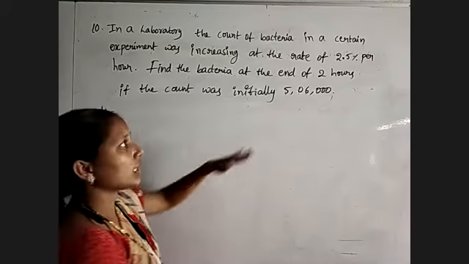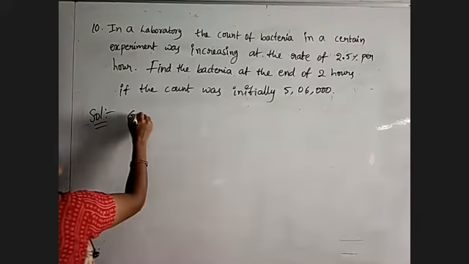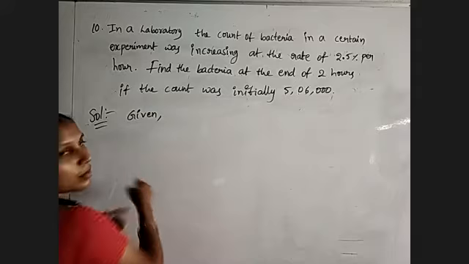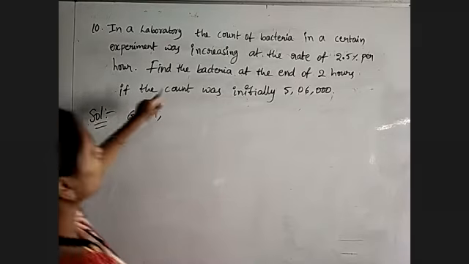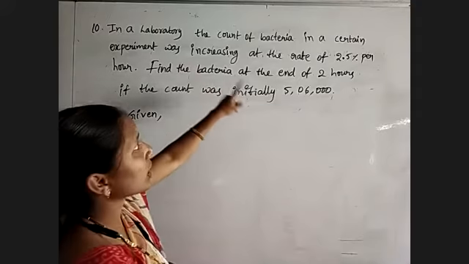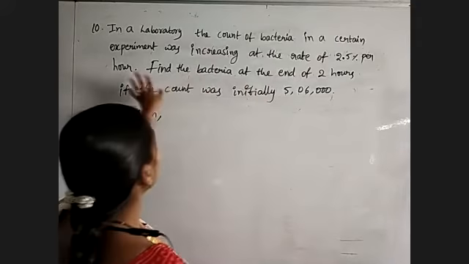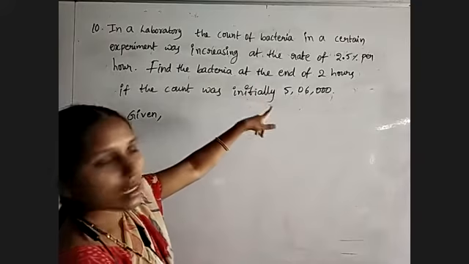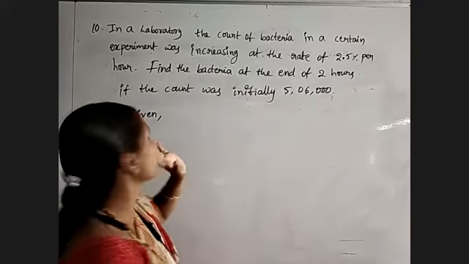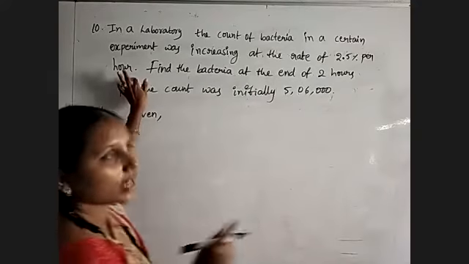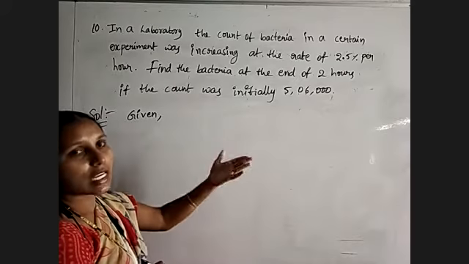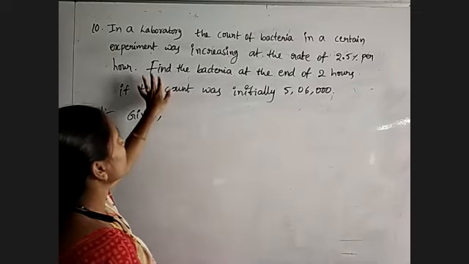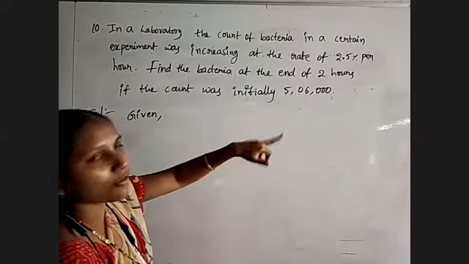So here observe what the given values are and which values refer to P, R and N. Observe the question. In a laboratory, the count of bacteria in a certain experiment was increasing at the rate of 2.5% per hour. So in 1 hour it is increasing by 2.5%, meaning the rate of change is 2.5%. Find the bacteria at the end of 2 hours.